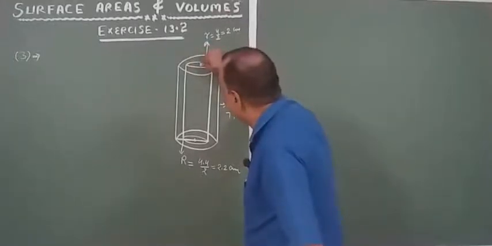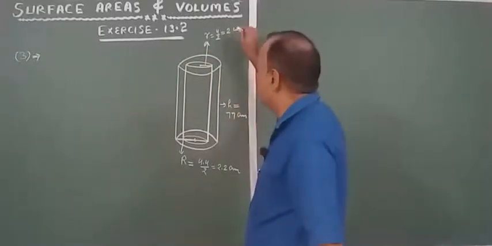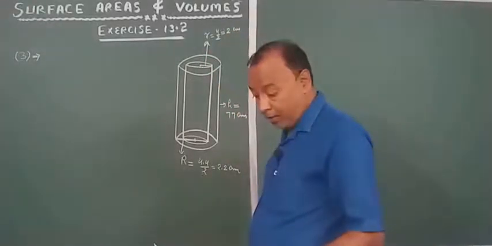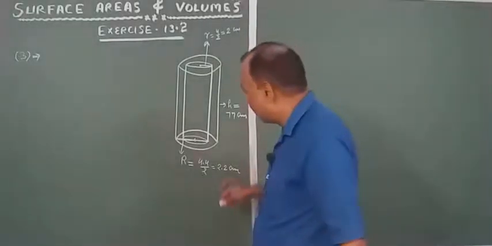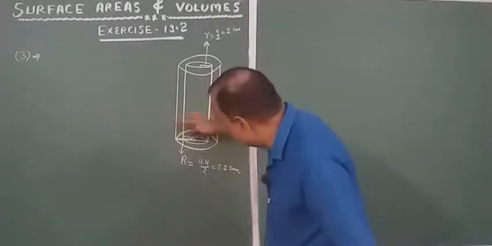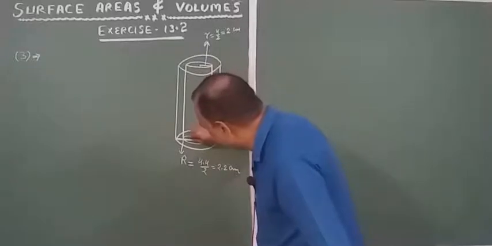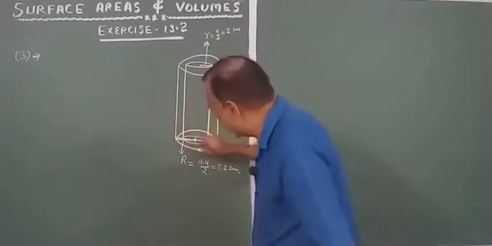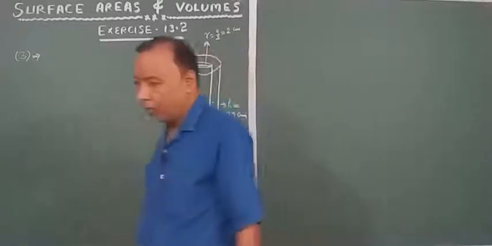Therefore, the inner radius small r will be 4 upon 2, equal to 2 centimeter, and the outer diameter being 4.4 centimeter, from here to here. Therefore, this will be the outer radius, capital R, given as 2.2 centimeter. So what are you given?